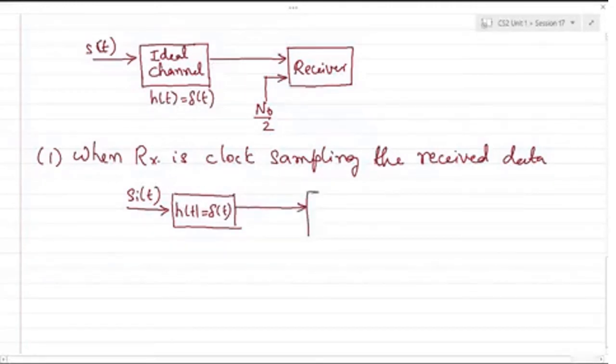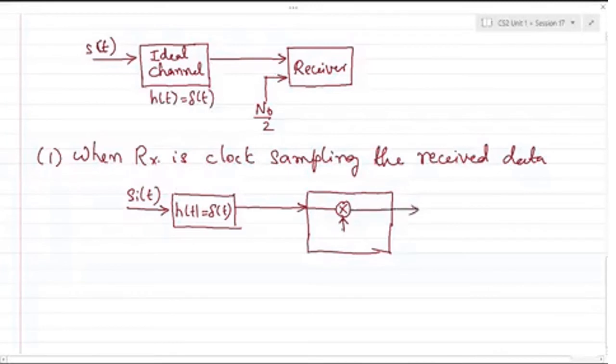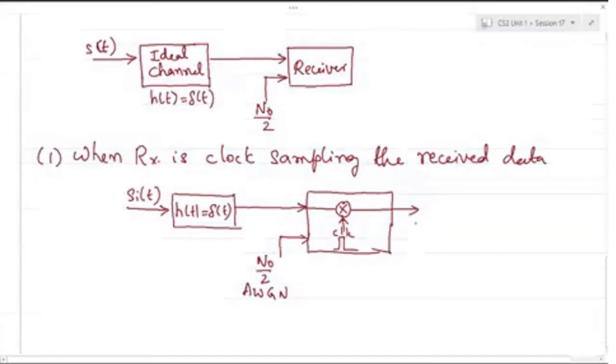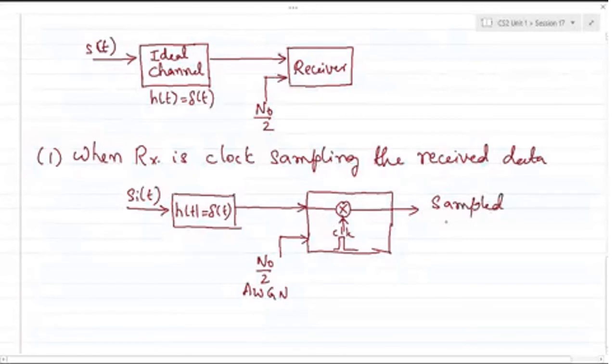The receiver architecture is such that it multiplies the received signal with a clock, which I represent as a pulsed waveform. The receiver is also added with additive white Gaussian noise of N0 by 2. This is my sampled output.